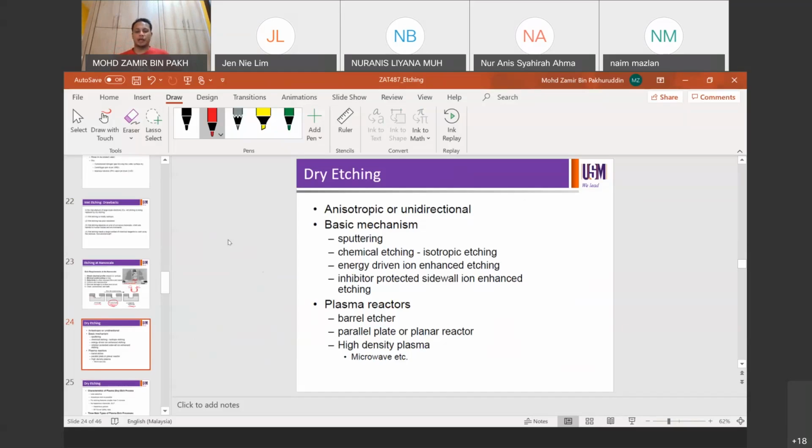Well, to begin with, what is plasma? Did you learn anything on plasma before? Anyone? What do we actually call plasma? Anyone? Fazira, what is plasma? No idea.